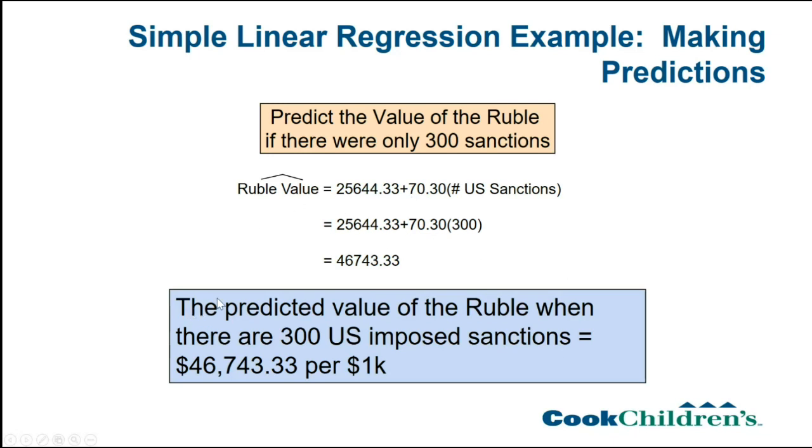So in this case, the predicted ruble value for 300 sanctions would be equal to 46,743. So in conclusive terms, you can say the predicted value of the ruble when there are 300 US sanctions is 46,743, or sorry, it should be rubles per 1,000 dollars.